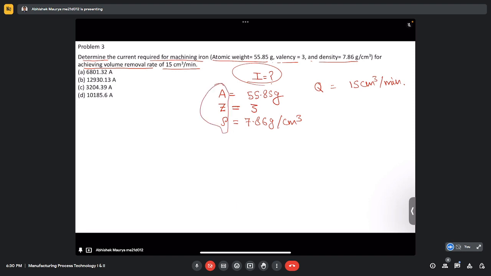That is nothing but Q equals A, that is atomic weight, times current divided by density times valency, and there is a constant that is called Faraday's constant. So we just need to substitute the values in this equation.